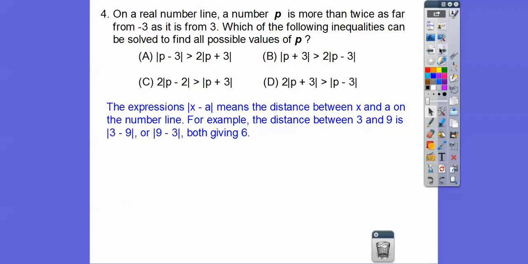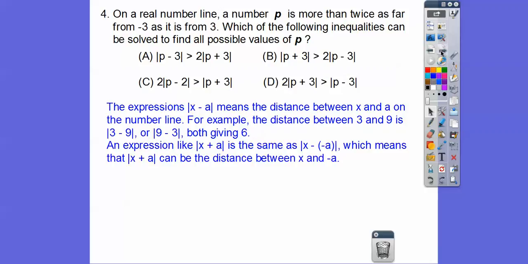But when we see something with a plus sign in it, an expression like x plus a is the same as x minus negative a, and so that just means the distance between x and negative a. This is the distance between 3 and 9, and this is the distance between x and negative a. So this right here would be the distance between p and negative 3. You with me? I hope so.